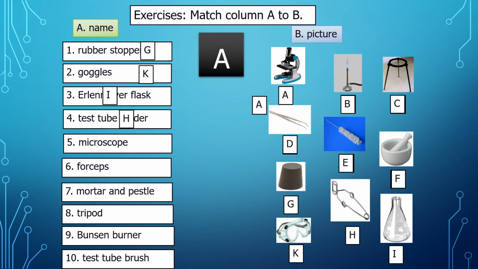Number 5, microscope. Letter A. Next, number 6, forceps. Where is the picture? Letter D. Number 7, mortar and pestle. Which letter? Letter F. Next, number 8, tripod.